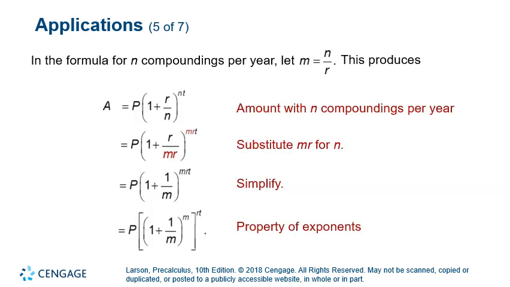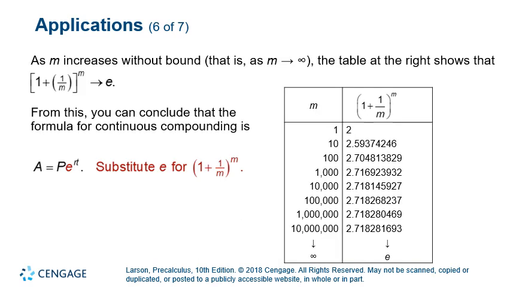So here is where they're taking you from the regular formula and showing you what happens as we change the number of compoundings. As we increase the number of times that interest is earned, that ratio approaches E. So as N gets bigger, the number of times, we use E. And so you'll see this formula being used.